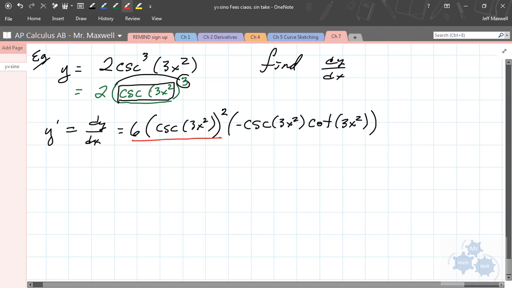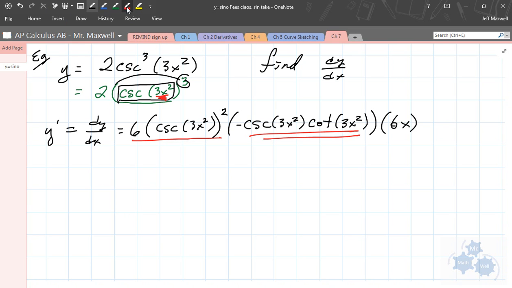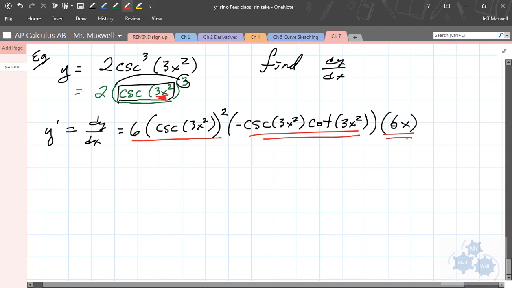First, that's the derivative of the outside layer. This is now the derivative of the second layer, right here. Now we need to go deep inside to multiply again by the derivative of the third layer in there, and that one's going to be easy. That one's going to be times 6x. So here is the third layer right there.